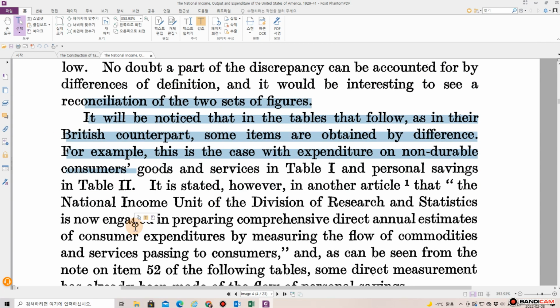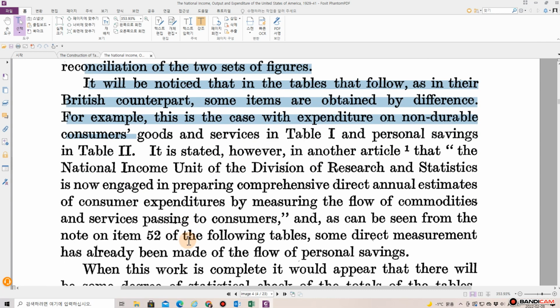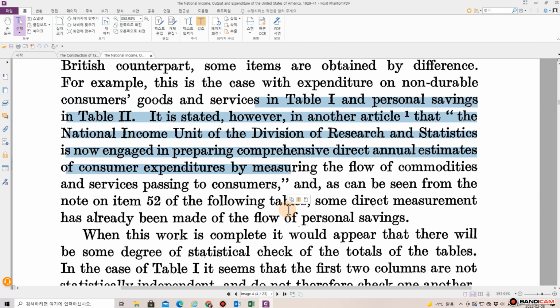It will be noticed that in the tables that follow, as in their British counterpart, some items are obtained by difference. For example, this is the case with expenditure on non-durable consumers' goods and services in Table 1 and personal savings in Table 2.